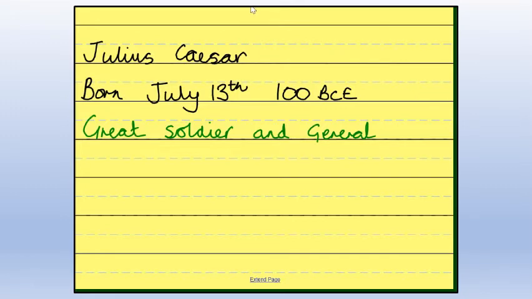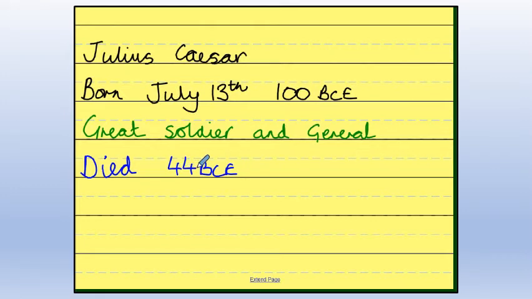Yeah, we can see that. And we can also just make a note of when he died. We don't really need lots of the other information. So we just need to make a note that he died in the year 44 BCE.